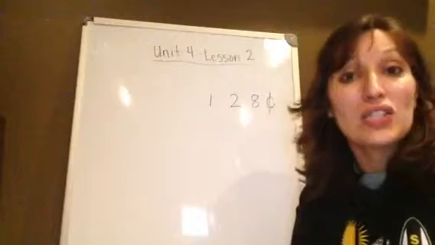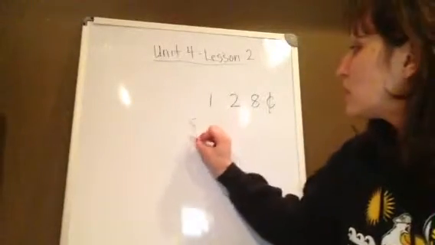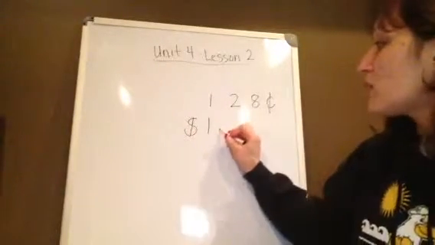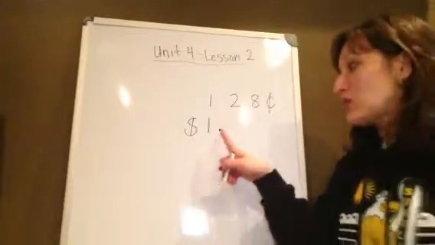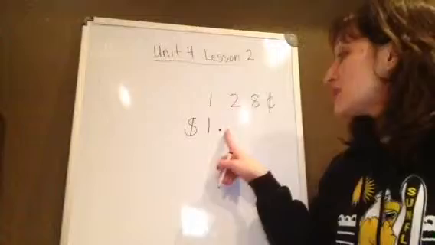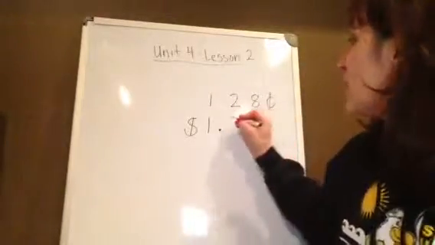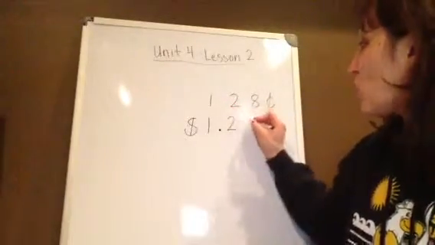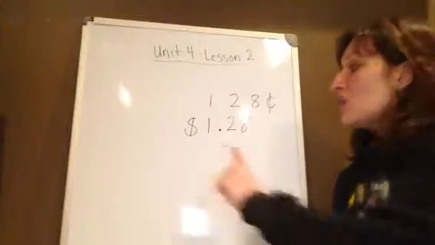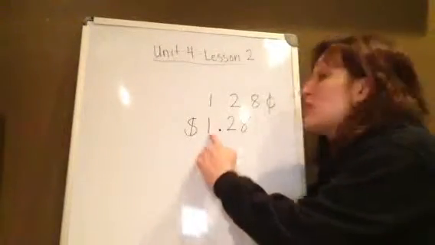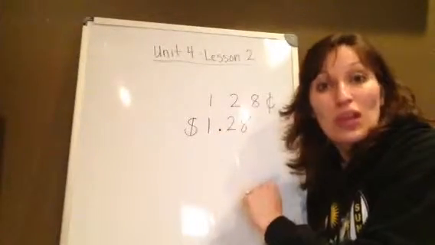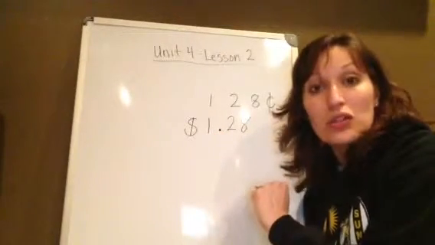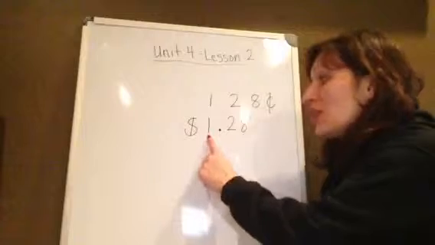Or we could write it in dollars and cents. $1, the decimal, that period or that dot tells us that we're done with dollars. Now over on this side, we're going to talk about cents. And we know we have $1.28. Okay? $1 is the same as 100 because we know that there are 100 cents in $1. It takes 100 cents to make $1. So we only have $1.